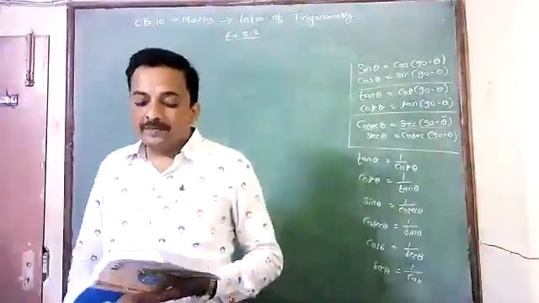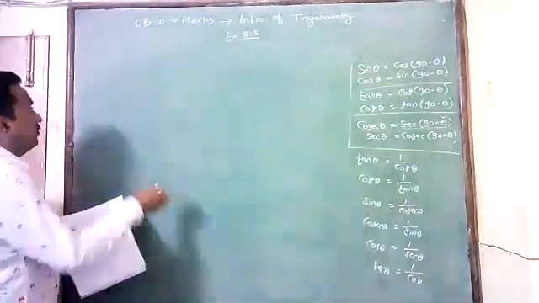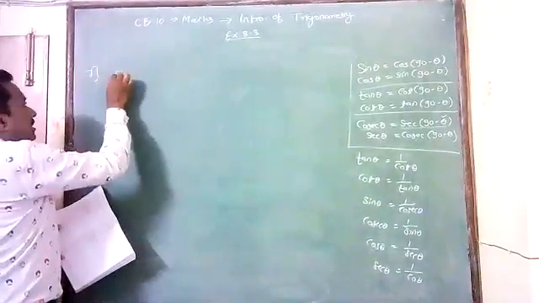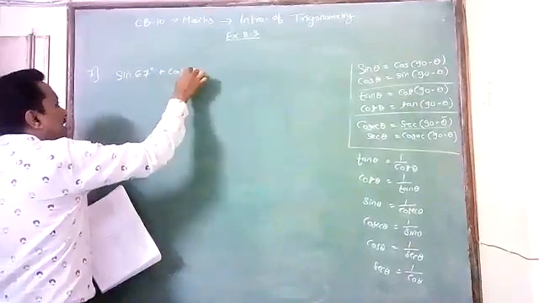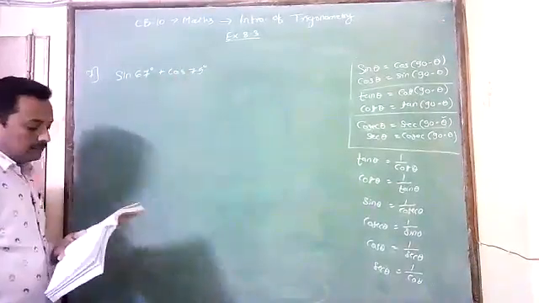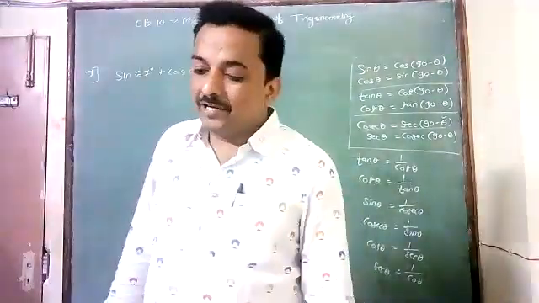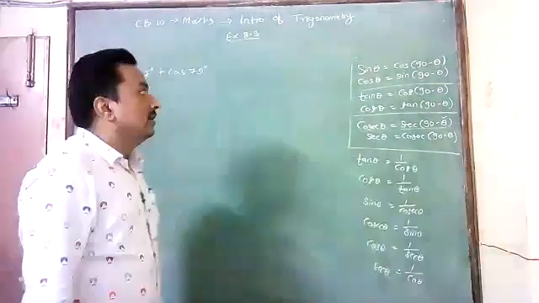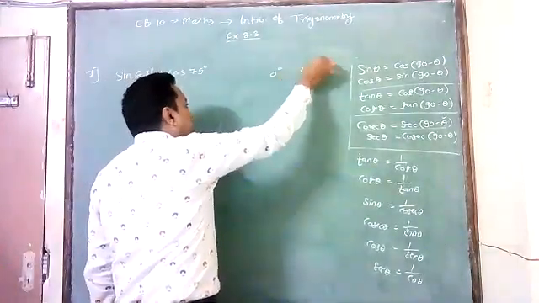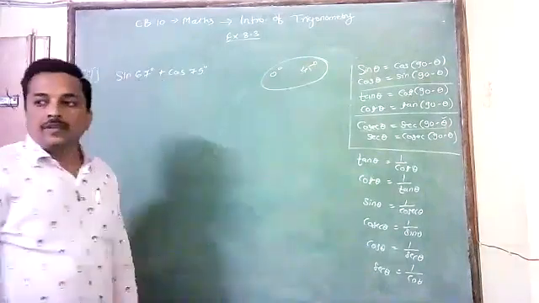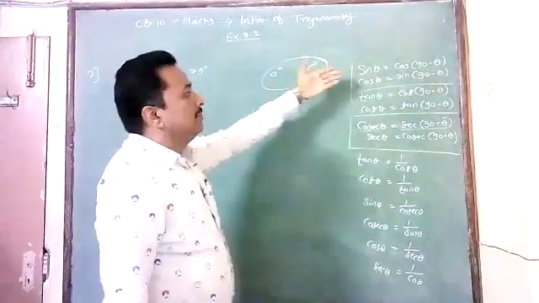Next question is express sine 67 degree plus cos 75 degree in terms of trigonometric ratios of angles between 0 to 45. इसे एक्सप्रेस करना है 0 to 45 के बीच में कन्वर्ट करना है बस, दूसरा कुछ भी नहीं करना है. तो उसके लिए again this property.